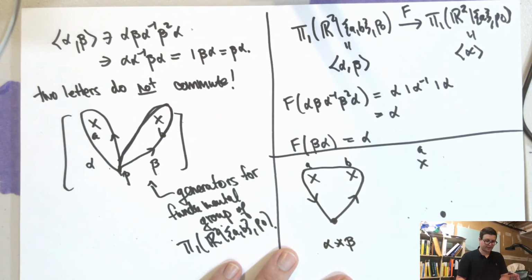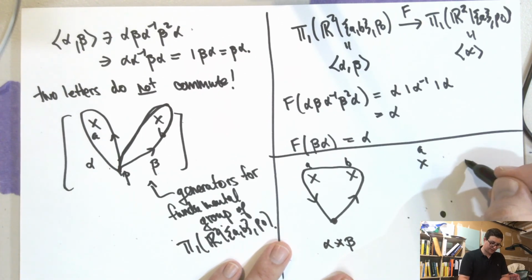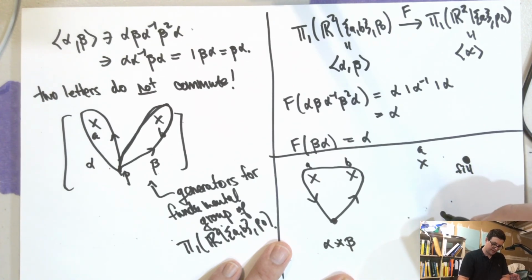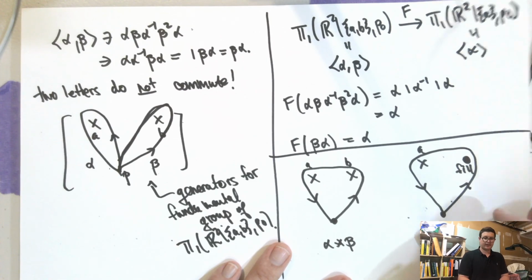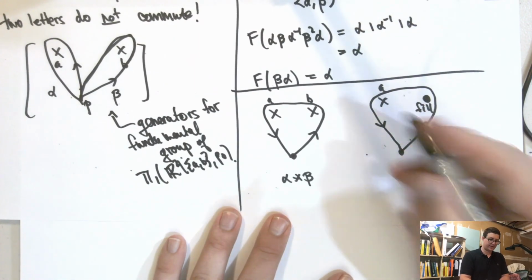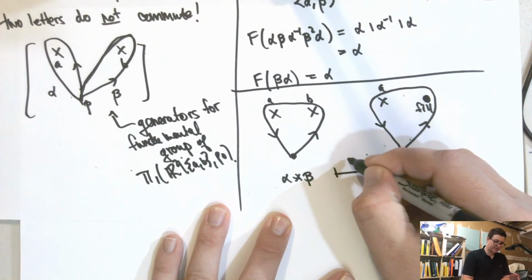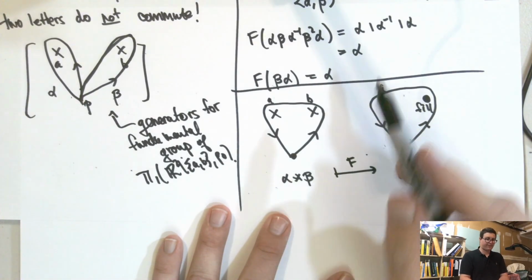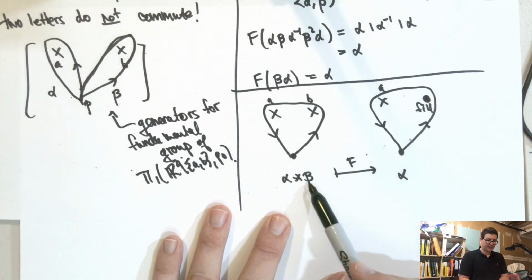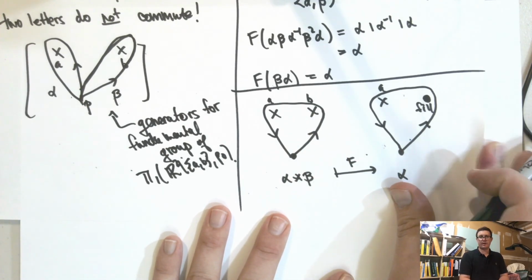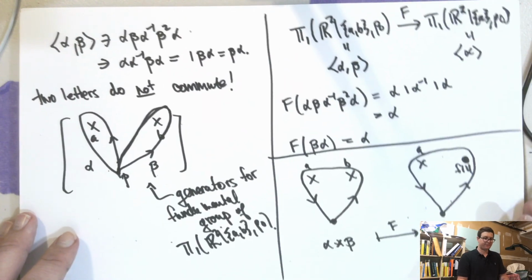And if we fill this in, this thing now becomes equivalent to just alpha. So this is under the map F, where this thing gets filled in, and then this beta becomes an element of the kernel of that group homomorphism.